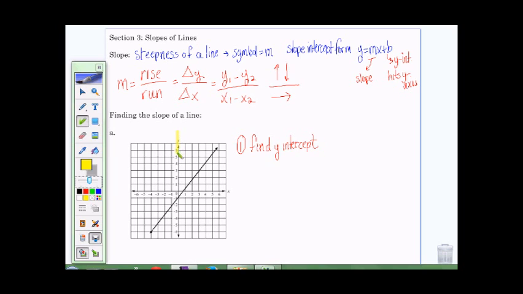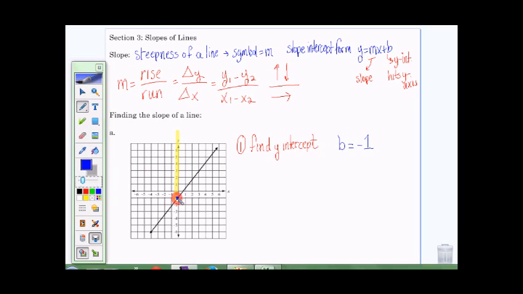Moving down the y-axis, there I hit. That's my y-intercept, -1. So b equals -1. That's this point right here.